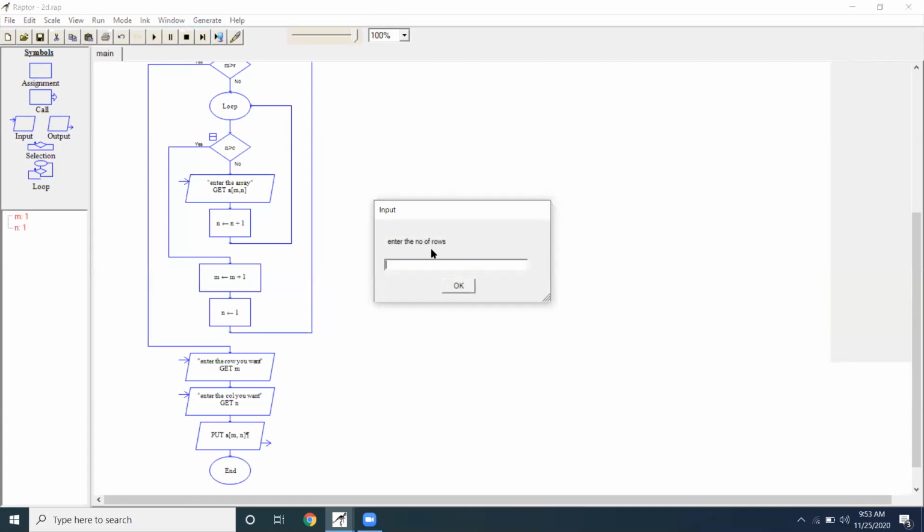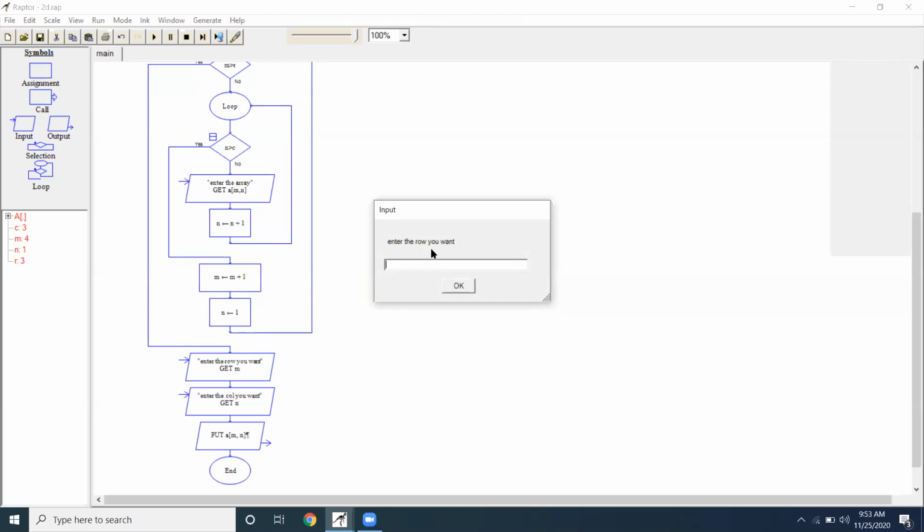3 by 3, sir. Okay. So R is equal to 3, C is equal to 3. Array 1 to 3, I should give like that, sir. Okay. 1, 2, 3, 4, 5, 8, 9. Which one do we want?